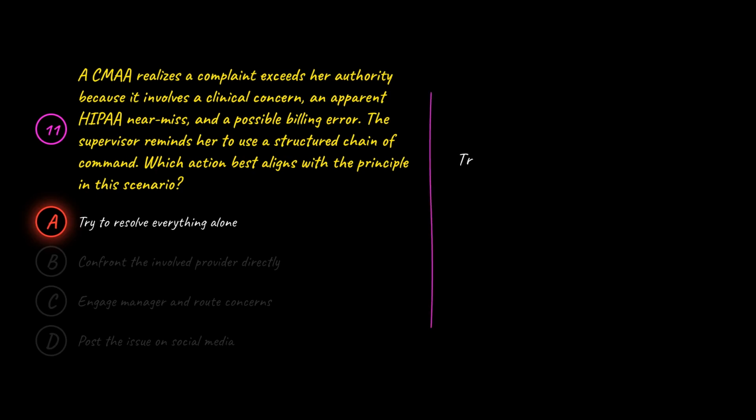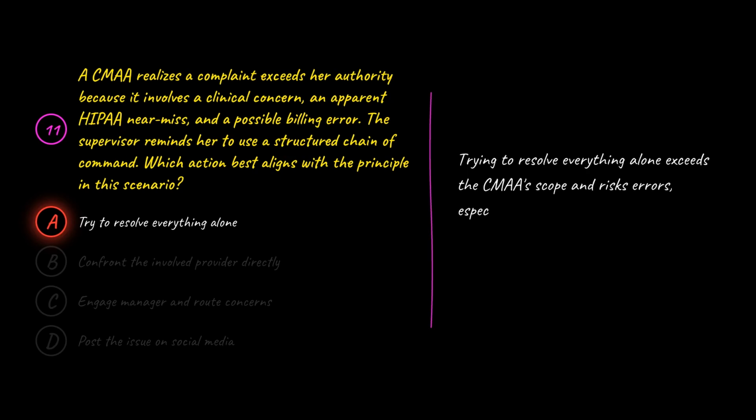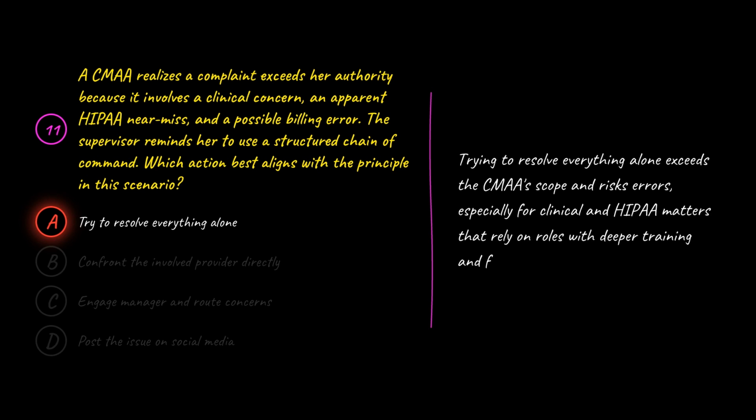A is wrong because trying to resolve everything alone exceeds the CMAA's scope and risks errors, especially for clinical and HIPAA matters that rely on roles with deeper training and formal authority within the organization.